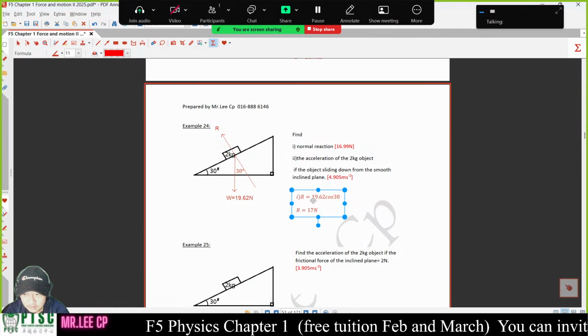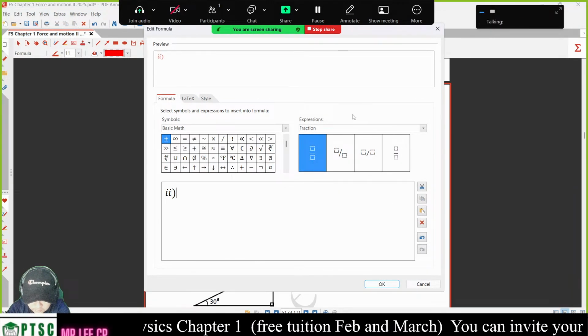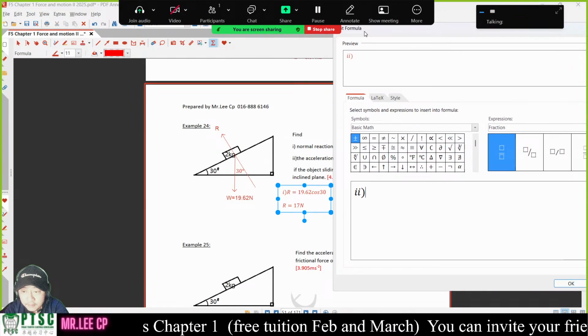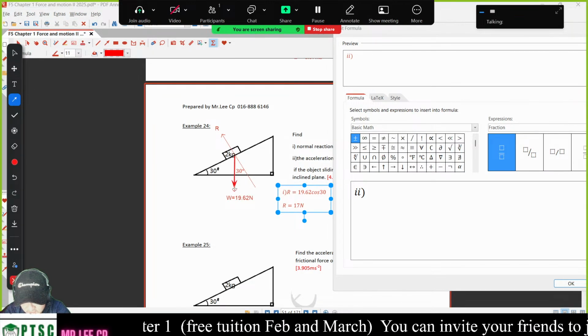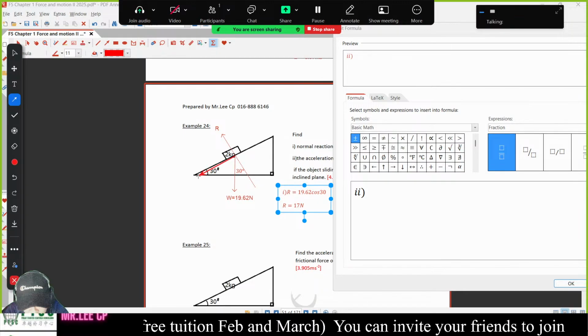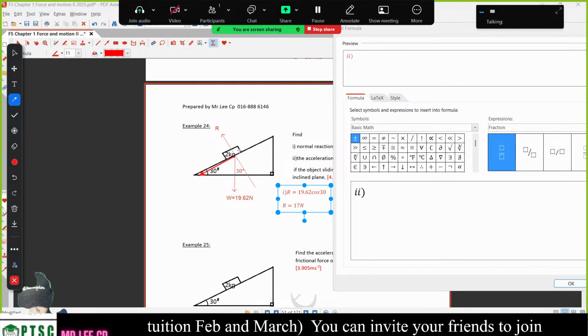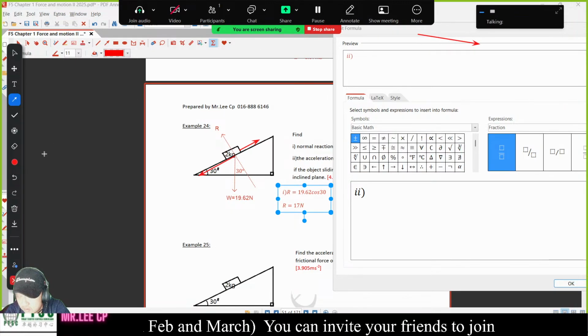Right, so number 2. Now here, this force 19.62, this weight, is contributing down here, right? So is there some reaction here?